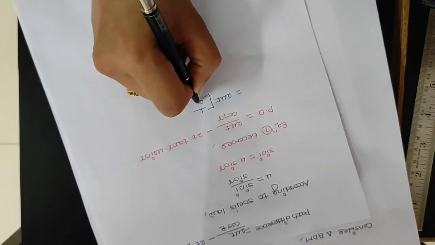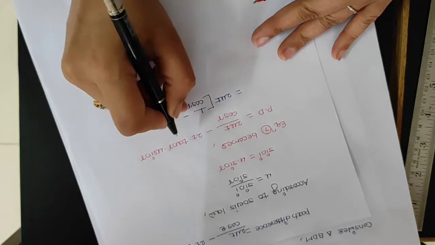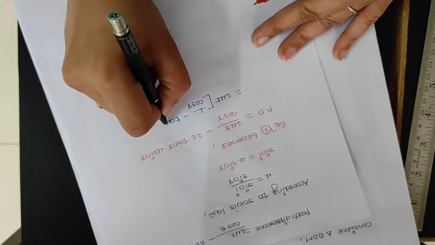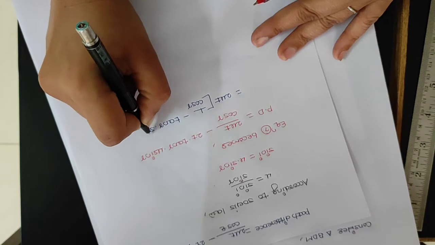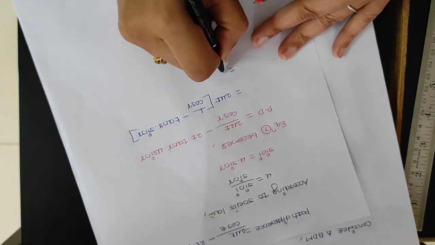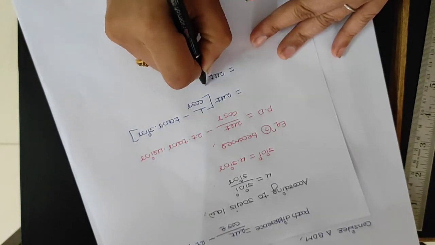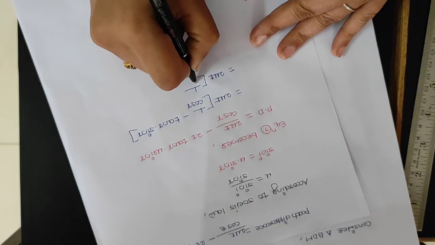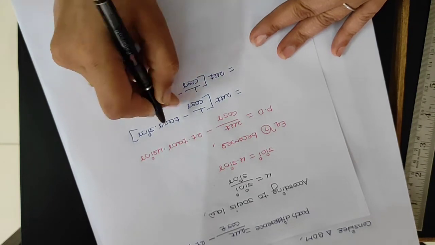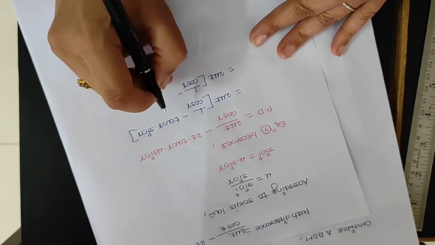1 upon cos r minus tan r into sin r. Now we can write this equation like this: 2 mu t in bracket 1 divided by cos r minus, instead of this tan we can write sin divided by cos.